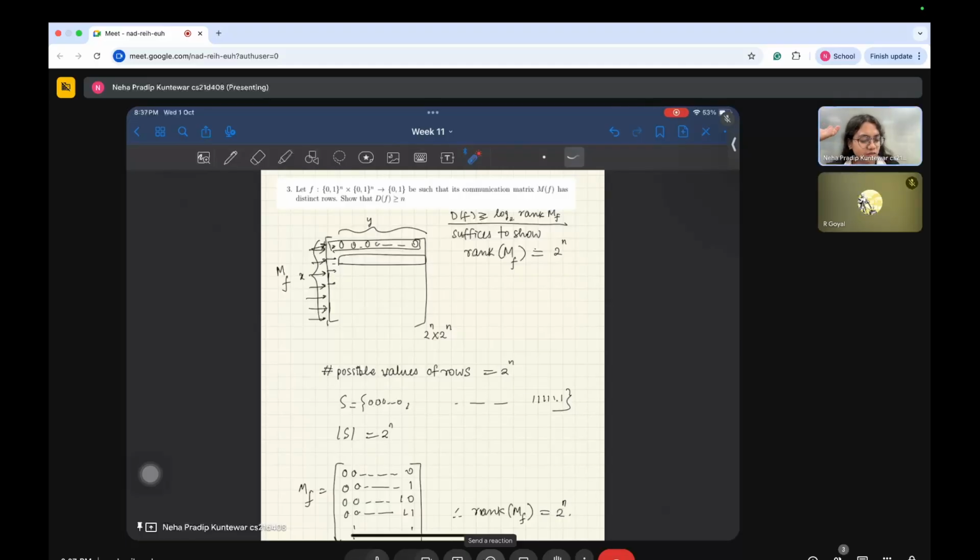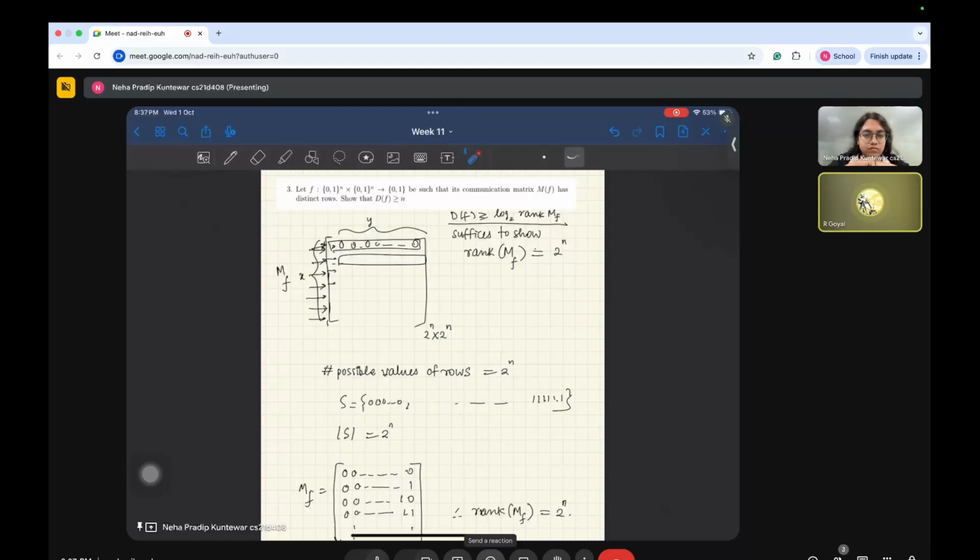At the moment all we are doing is finding the rank of the matrix, because we are assuming this result which relates the communication complexity of the function with the rank of the matrix. We didn't prove this right now.